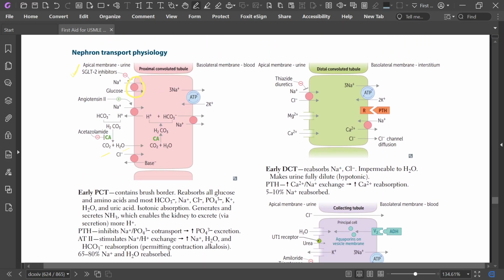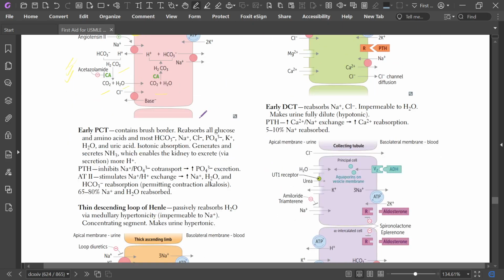None of the diuretics work here except acetazolamide, which helps in dissociation of carbonic acid into carbon dioxide and water. The water and carbon dioxide then recombine to form carbonic acid. Acetazolamide only works in the PCT. Most of the solute reabsorption happens in the proximal convoluted tubule.